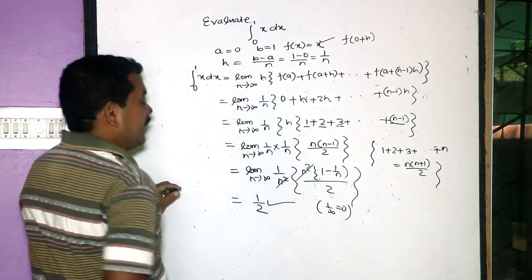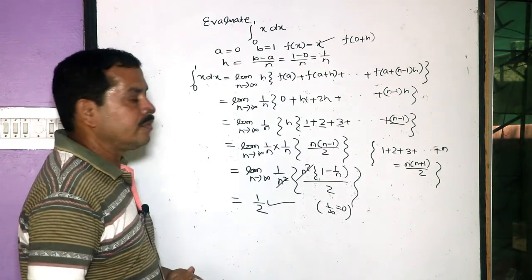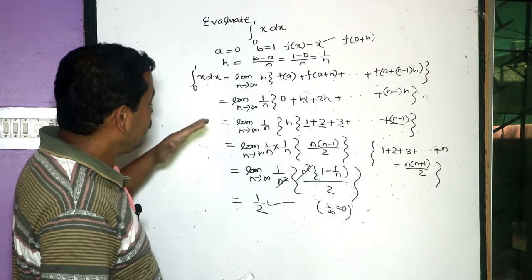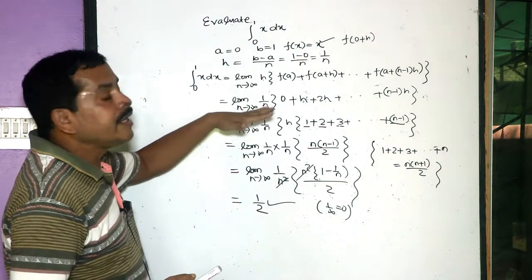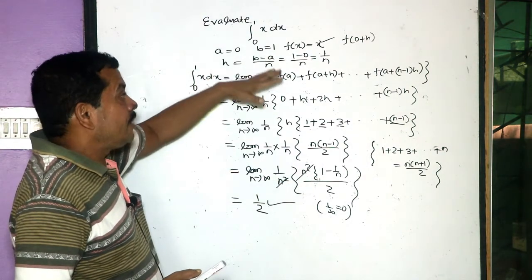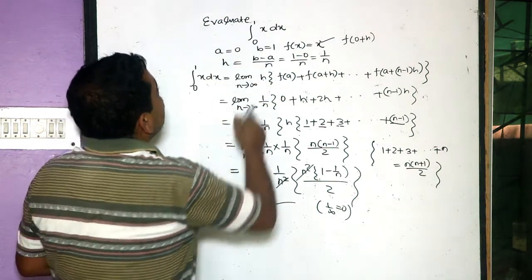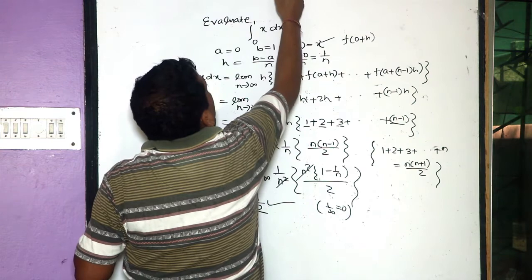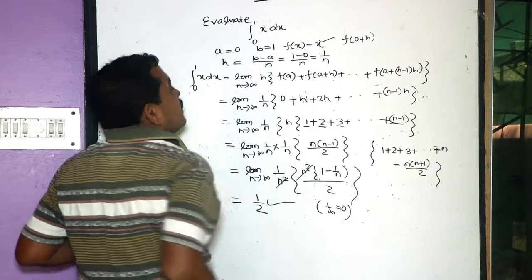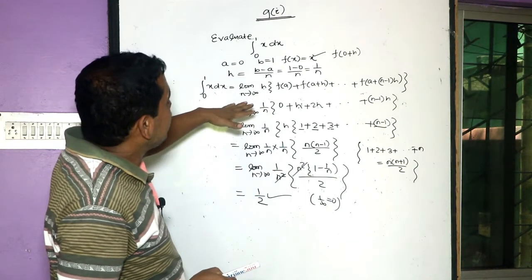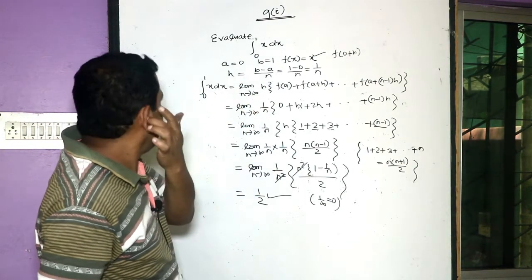So the value of the integral is 1 by 2. That is the value of the definite integration by using the definition, or by the limit as the sum. That is your article number 9I. You can evaluate the definite integration in this way.